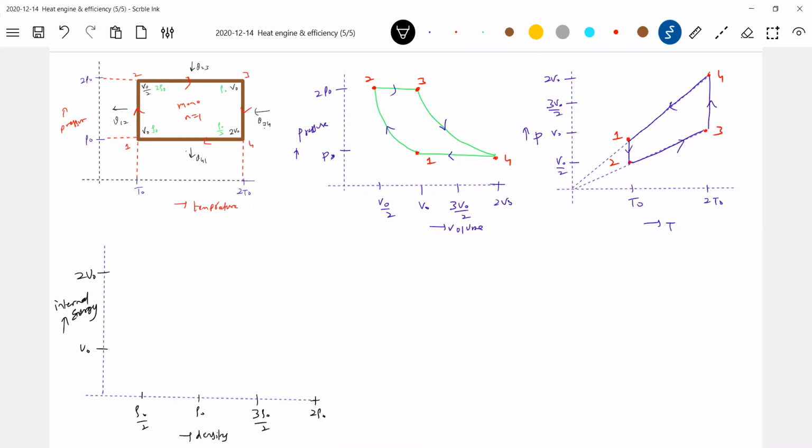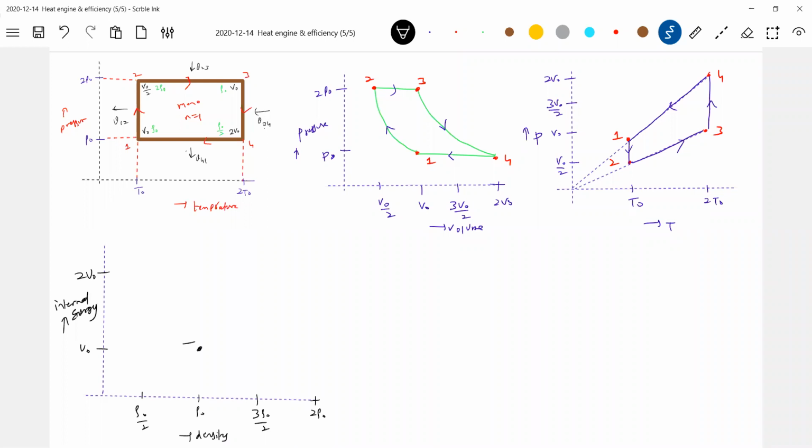Okay, let's identify the points. First, point 1. What is the density? Rho naught, and temperature T naught means U naught. Rho naught, U naught. It should be 1.